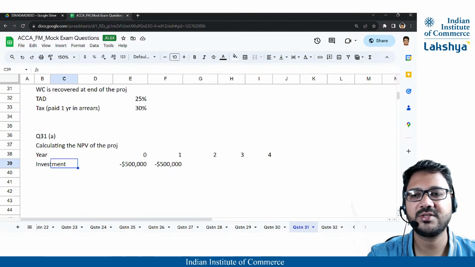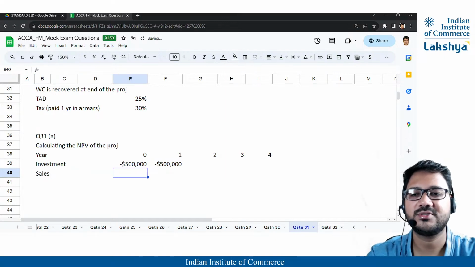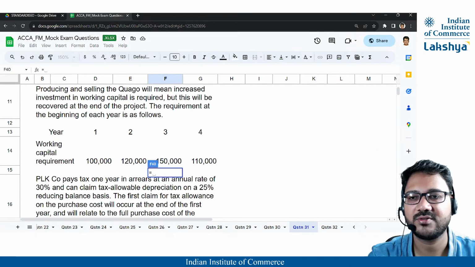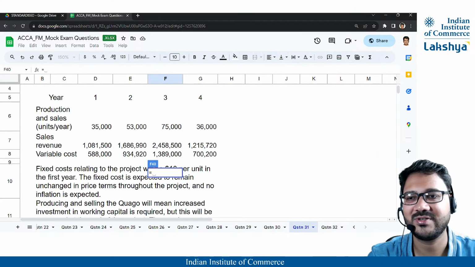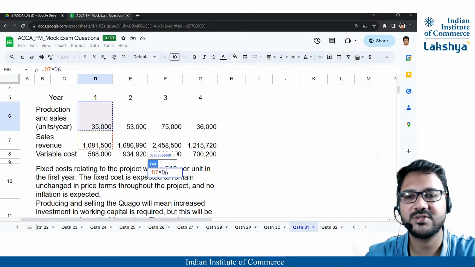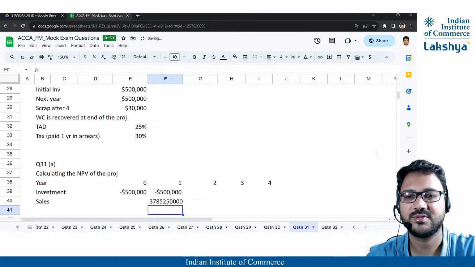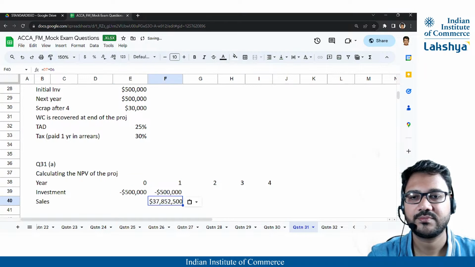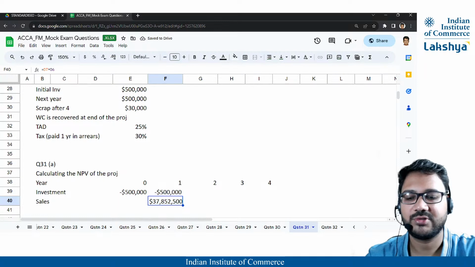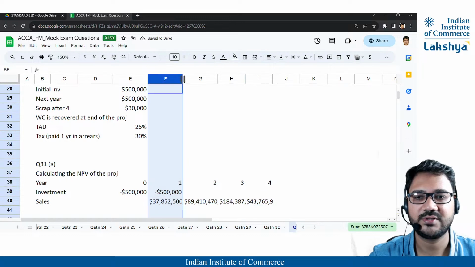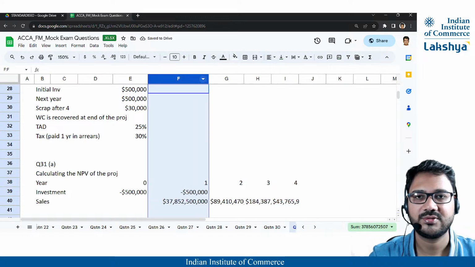So initial investment in machinery or whatever. Then we have our sales. Okay, sales from first year onwards. They are already inflated, so it's very easy. Unlike Vixen company where we had to inflate. We didn't take a break because there's shortage of time. Okay, so I want to complete the paper. Right? Now we can just drag and drop the formula. Okay, let's just adjust the cell width. Sorry.